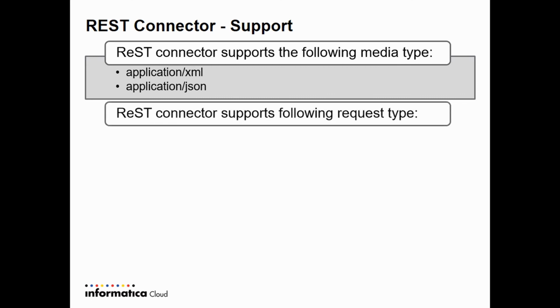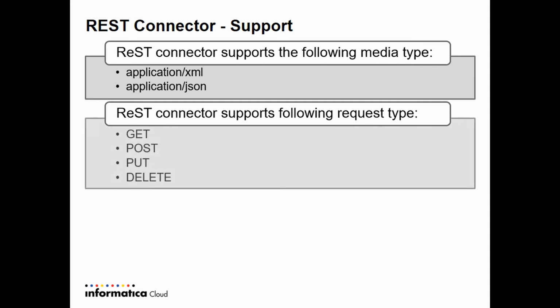REST supports 4 request types. The GET request type is used only to read data and not to change it. Therefore, when GET is used this way, it is considered safe. That is, it can be called without risk of data modification.